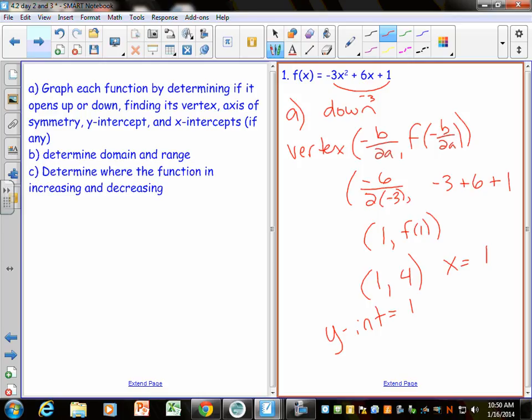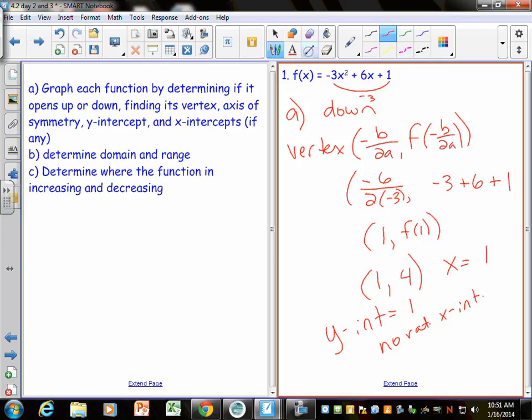And so I'm just going to say that there are no rational x-intercepts. I'm okay with that. If you want to get the decimal, you can, but I'm not going to.